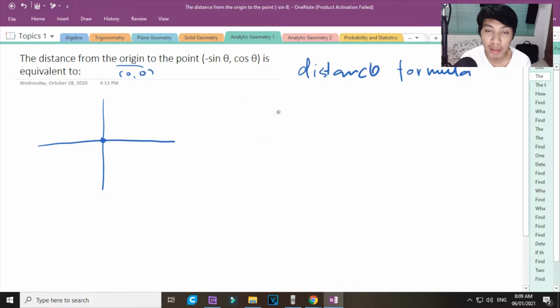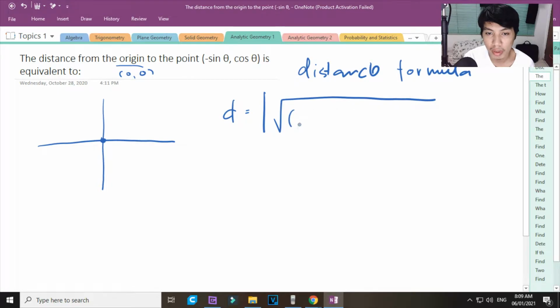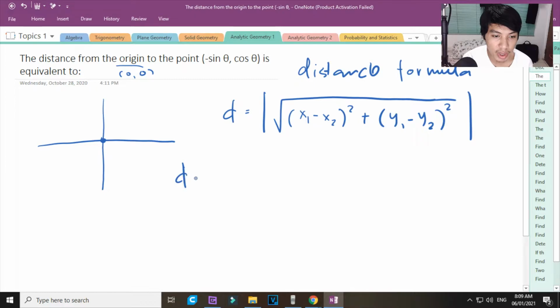Ipasok na agad natin siya dun sa ating distance formula. Okay? The distance formula is equal to the square root of x sub 1 minus x sub 2 squared plus y sub 1 minus y sub 2 squared. So, D will be equal to, okay?